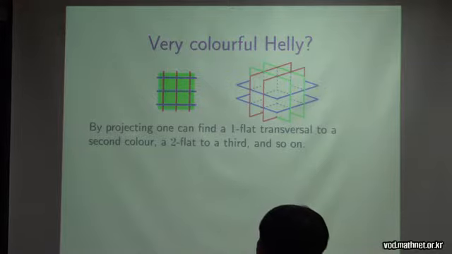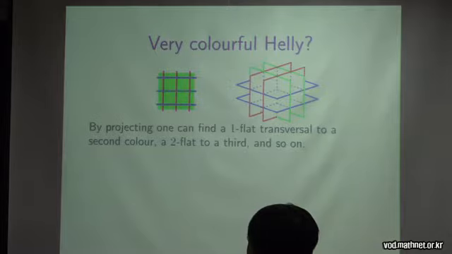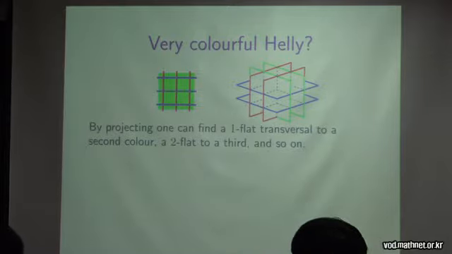Right? So, for example, if I projected down, then all of these red segments would turn into points. So I can find a point in common to all of the blues, and when I take it back to R2, this turns into a vertical line. So here I can conclude that there is a vertical line transversal to all of the blues.